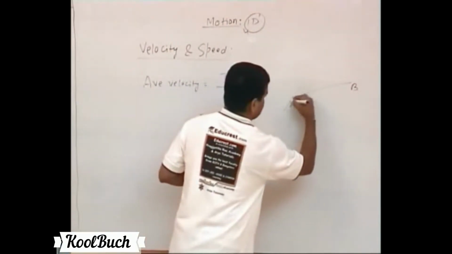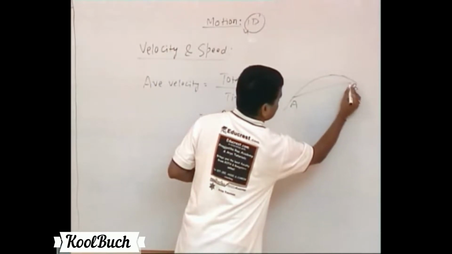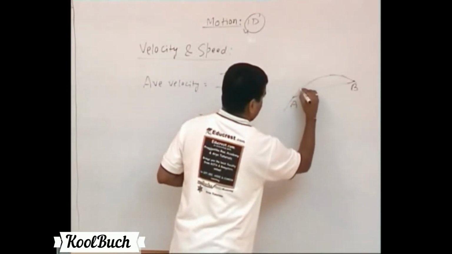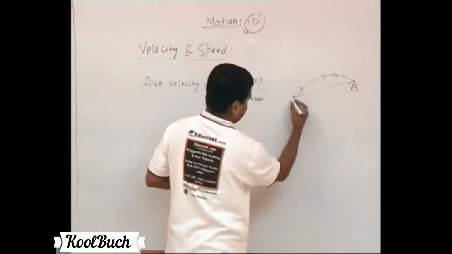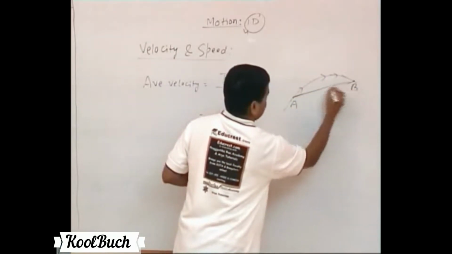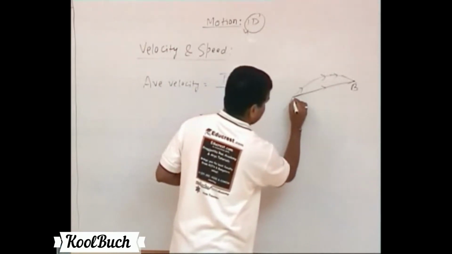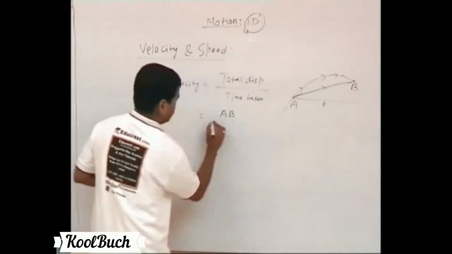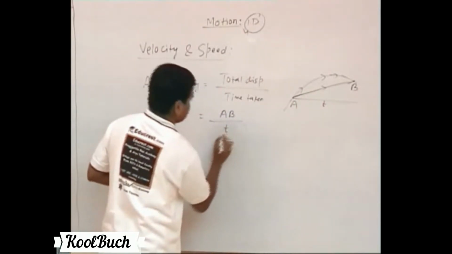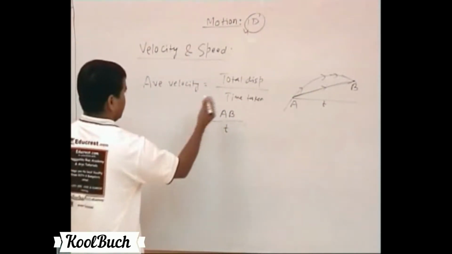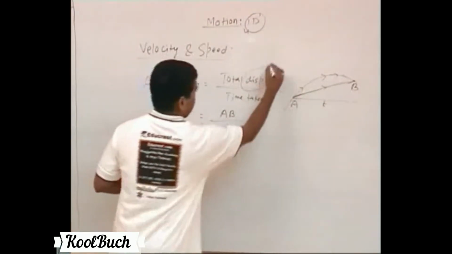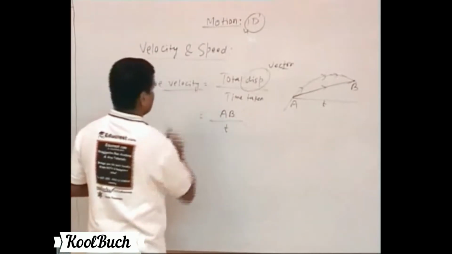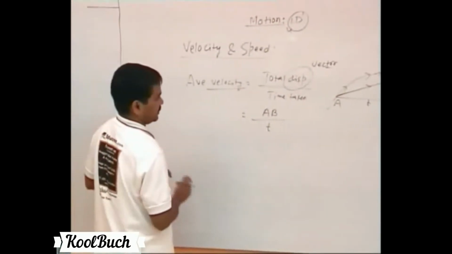It could be even a path like this. So between A to B, the object is going in this path, but the displacement is the shortest distance, so it is AB, and the time taken, let's say T. So AB by T. Since we are taking displacement, which is a vector quantity, velocity comes as a vector quantity.